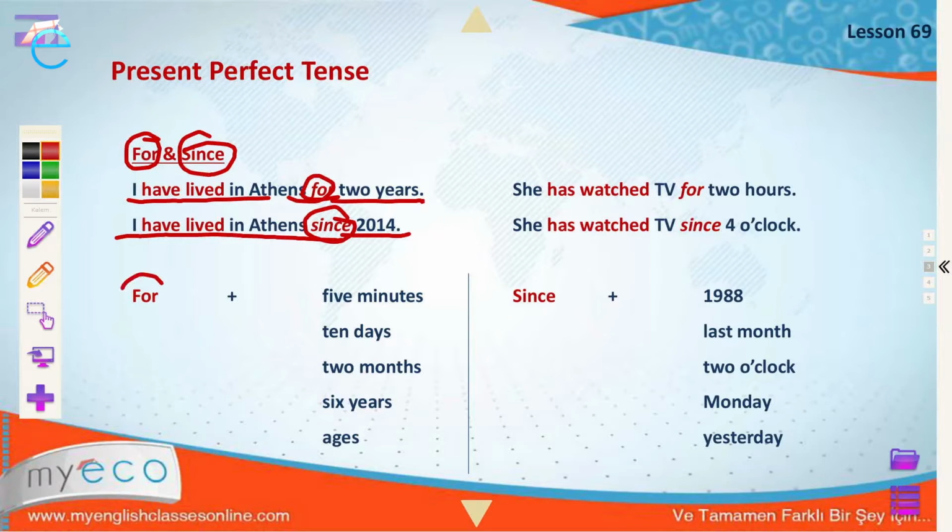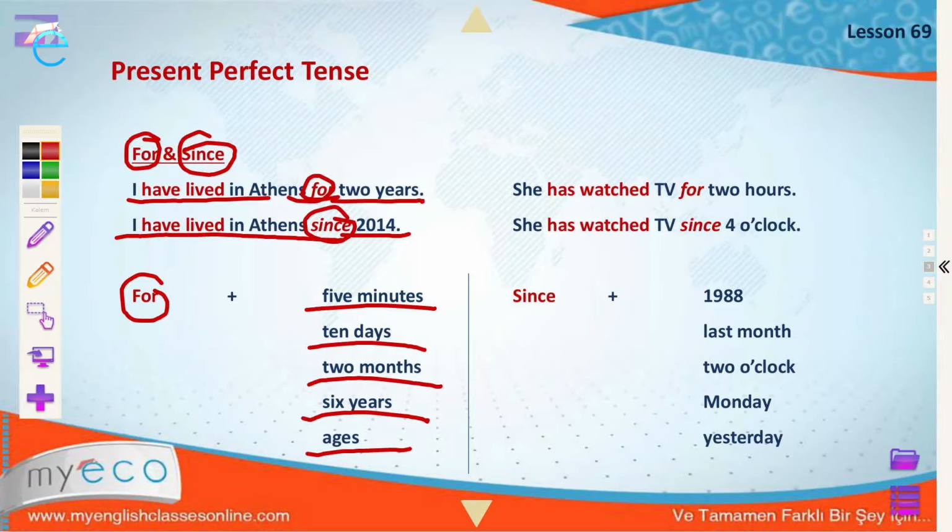We can use for with, for example, I have been speaking for 5 minutes, 10 days, 2 months, 6 years, and ages. Ages means a long time ago. I have been traveling for ages.